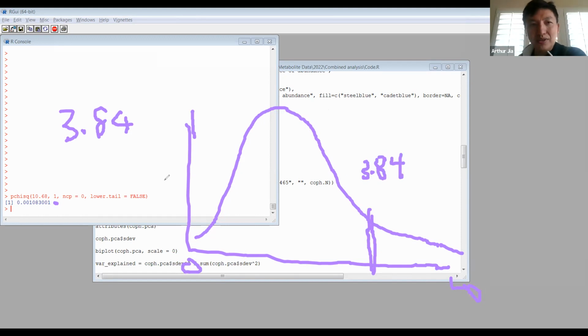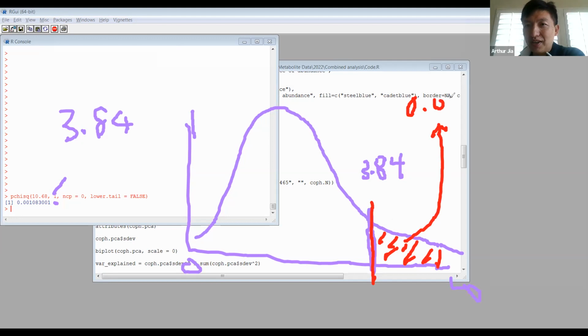So why is this the critical value? Because for this specific chi-square distribution, with degree of freedom equal to 1, the area under the curve on the right-hand side of this critical value equals 0.05, right?